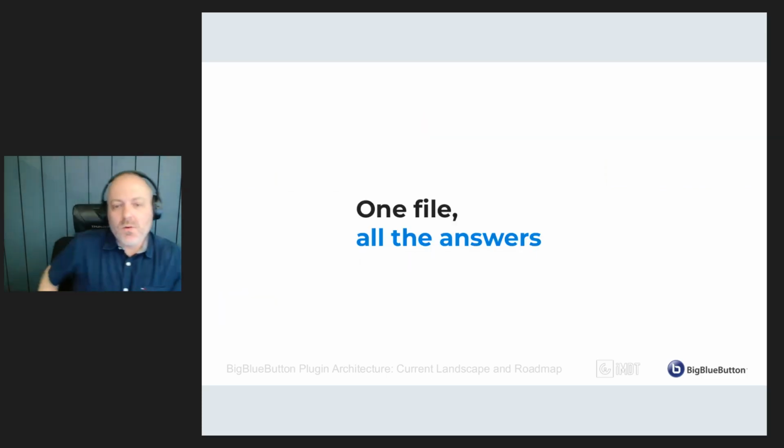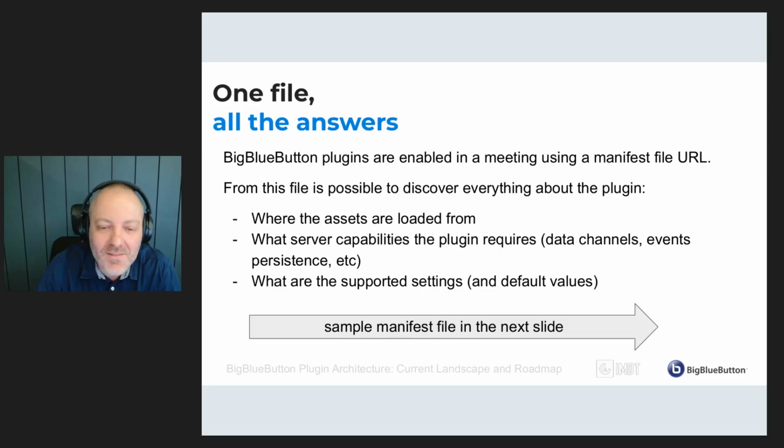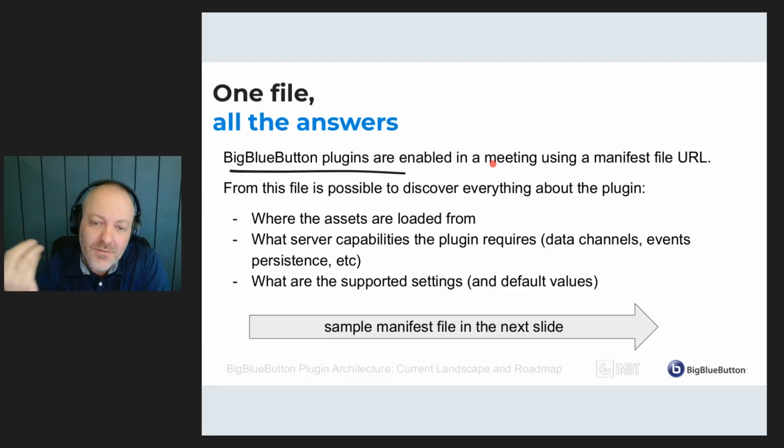Okay, so here we have the concept of one file, all the answers. It's basically the manifest file of the plugins. BigBlueButton plugins are enabled in a meeting using a manifest file URL. One interesting thing is the manifest file is a JSON file, and it will be hosted outside.